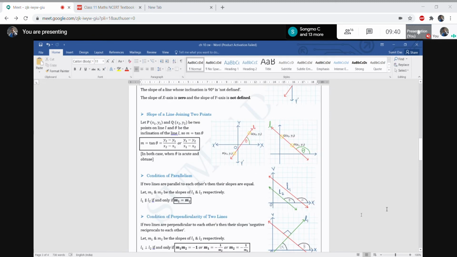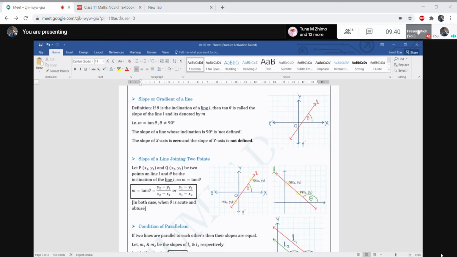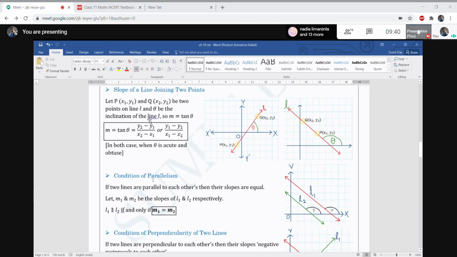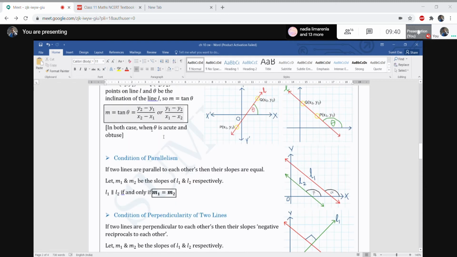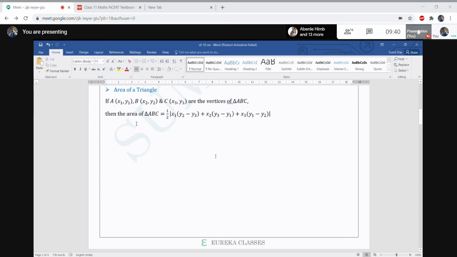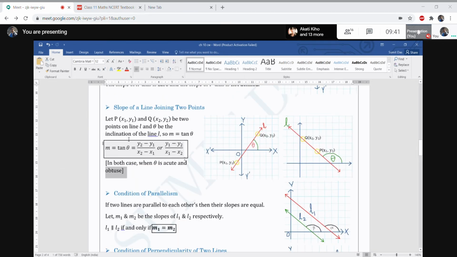Our important formulas, I'm showing the important formulas again. First important formula is if two points are given. I'm not showing the previous formulas like the triangle one, you learned all this before. Our most important formula is if two points of a line are given, we can find the slope like this: slope equals (y2 minus y1) divided by (x2 minus x1).